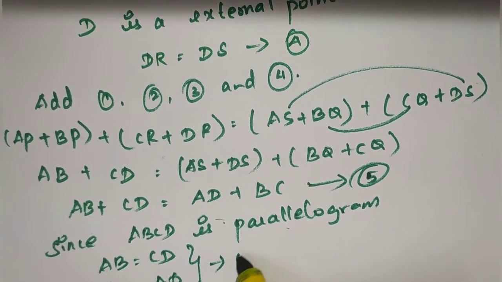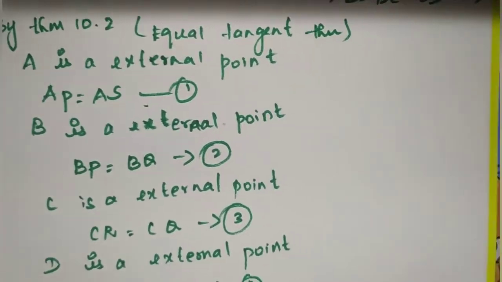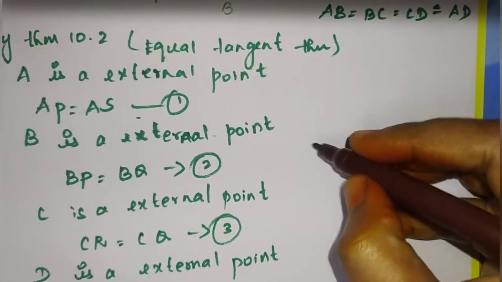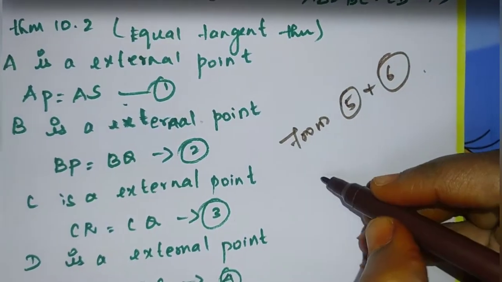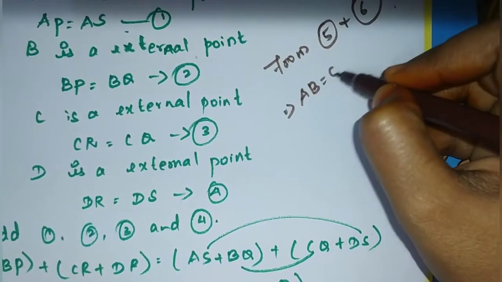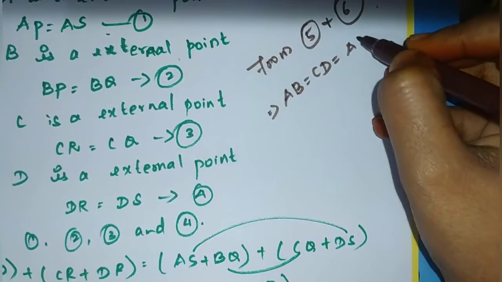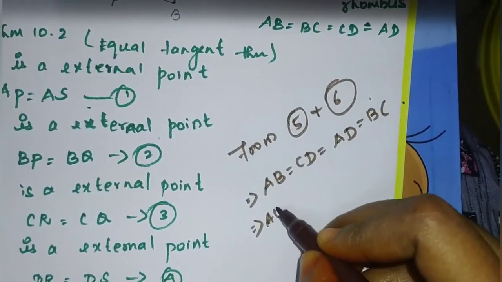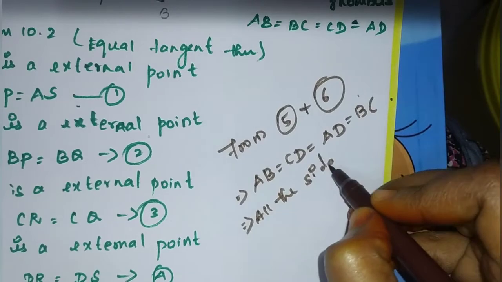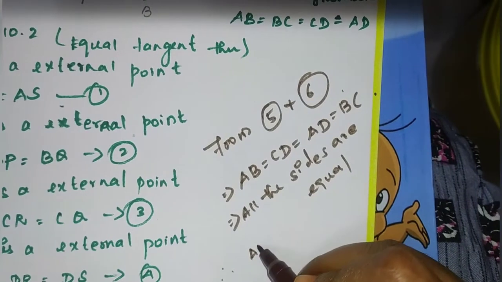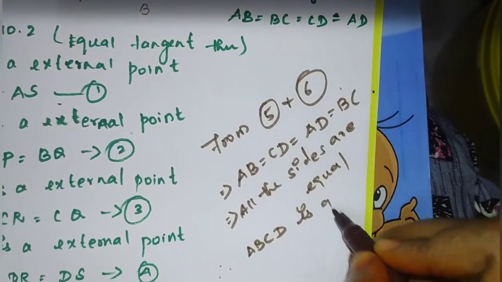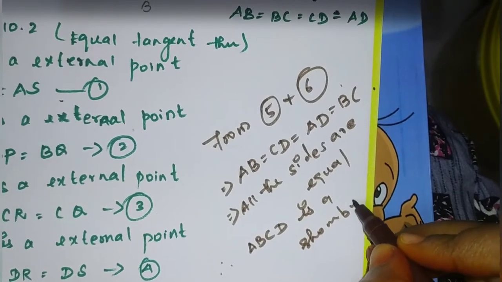So from 5 and 6, we can tell that AB is equal to CD is equal to AD is equal to BC. All the sides are equal. Since all the sides are equal, we can tell that ABCD is a rhombus. Clear, children?